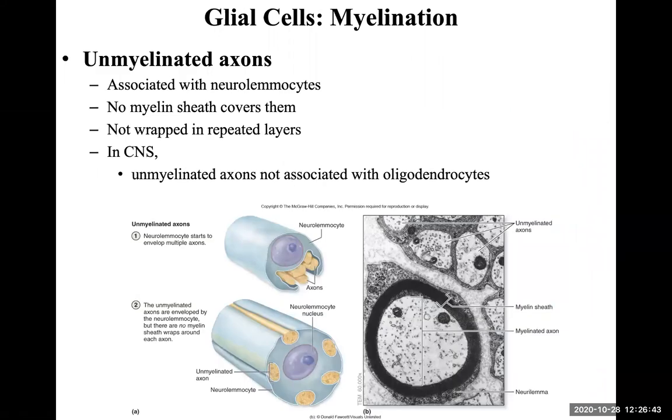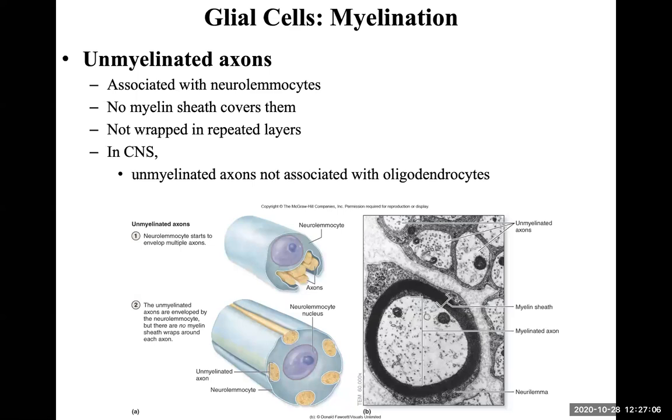Okay, so with unmyelinated axons, of course, we are not going to have saltatory conduction. We instead call this type of conduction continuous conduction. The action potentials propagated by neurons with unmyelinated axons are much slower.